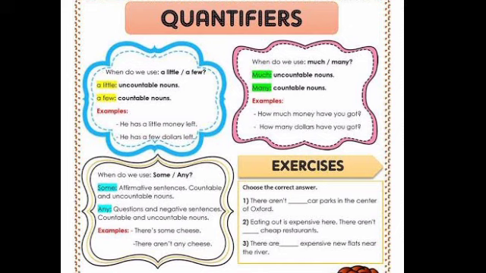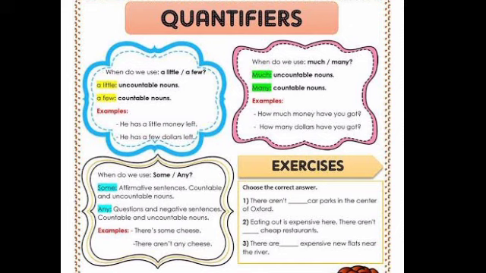Some is used in affirmative sentences and also with countable and uncountable nouns, and any is used in questions, that is interrogative sentences, and in negative sentences, and it is used with countable and uncountable nouns.